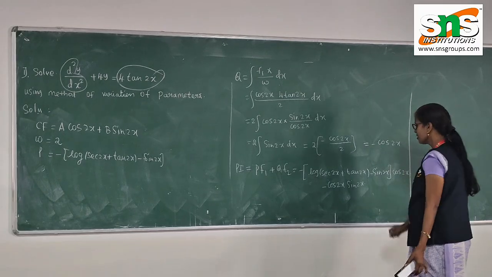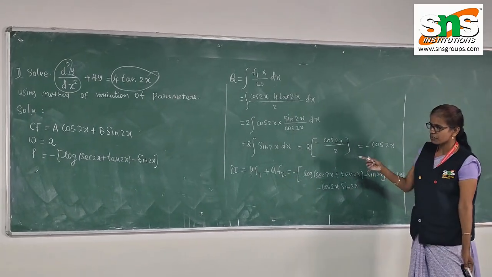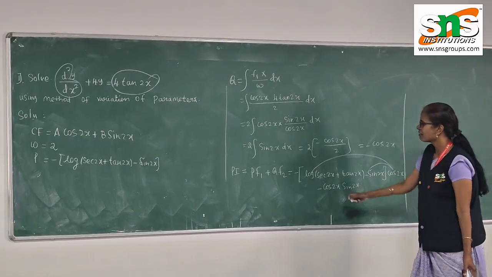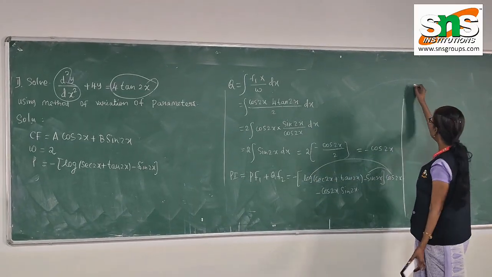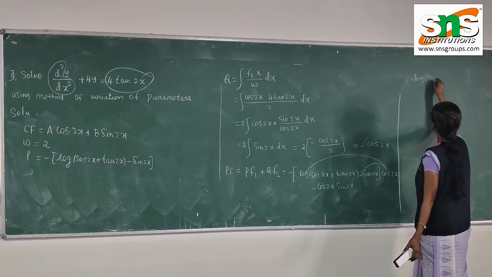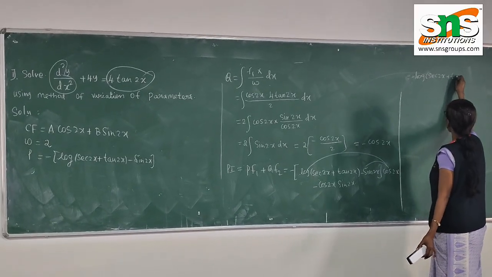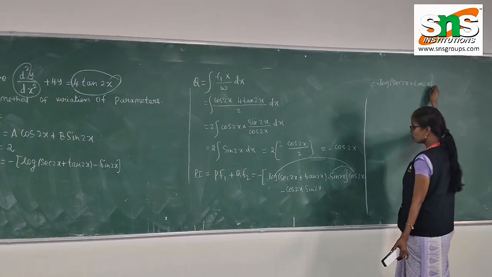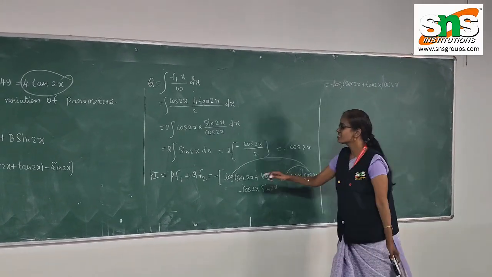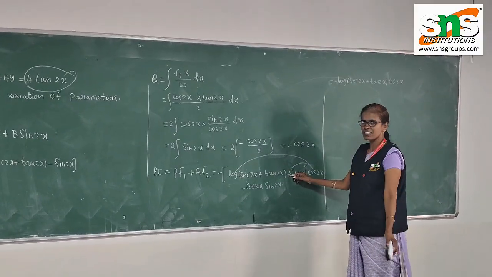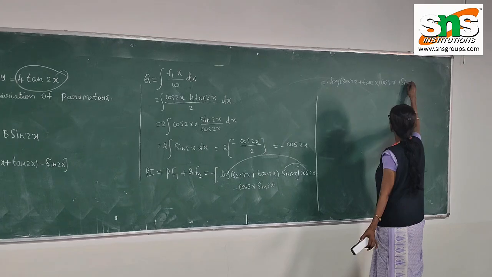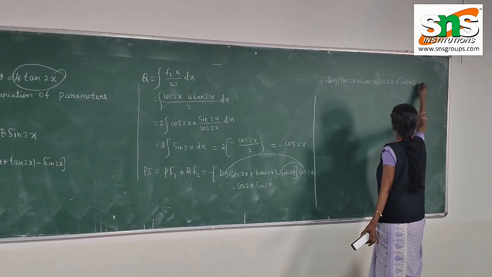So there are two terms for P. Now you multiply the terms, with the minus common. The first term is minus log of secant 2x plus tan 2x into cos 2x. The second term, minus into minus is plus, sin 2x cos 2x.